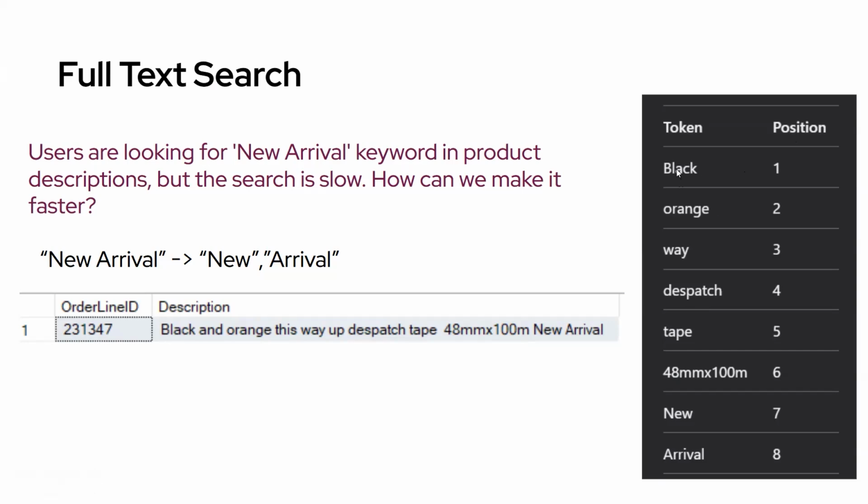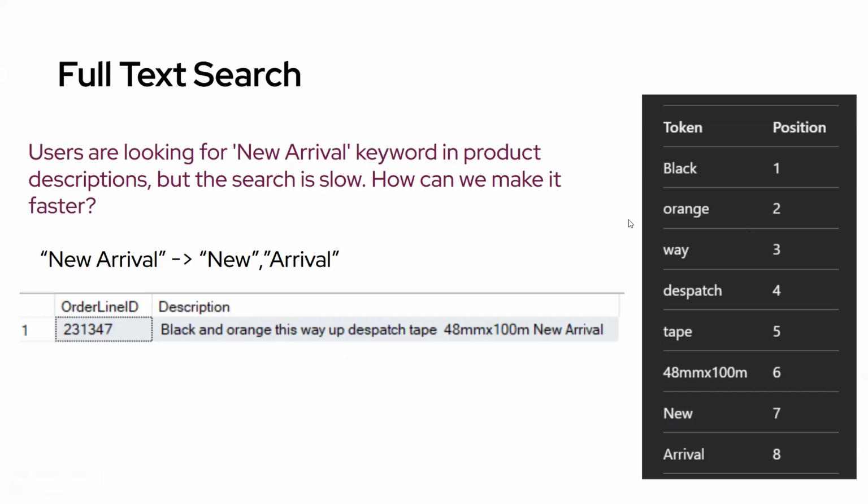You can see that "black" is against number 1 and "orange" is number 2, and you can see the word "and" is missing, and this word is also missing. These are called stop words. The full text index doesn't include these common words, because one reason is to save space, and they are not very relevant to the searches that we are performing.